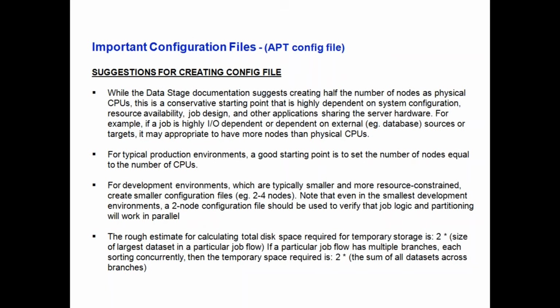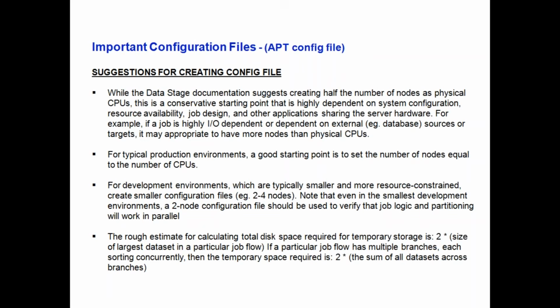you have to see how much hard disk you have, how much disk space can be allocated. So for that, you need to know the data volume that will be handled. That needs to be predicted in advance. So give a rough estimate of the biggest data set size that is getting generated in any of your DataStage jobs.